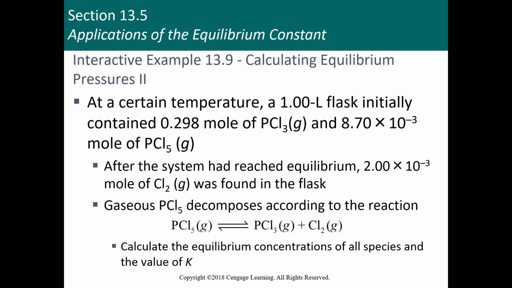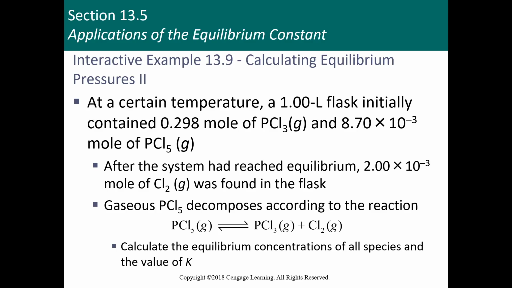So let's try another take on this problem. At a certain temperature, a 1 liter flask initially contained 0.298 moles of PCl3 and 8.70 times 10 to the negative 3 moles of PCl5.